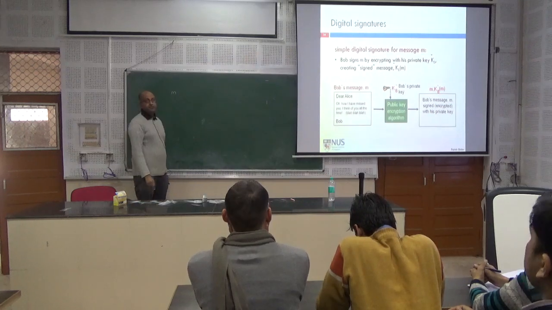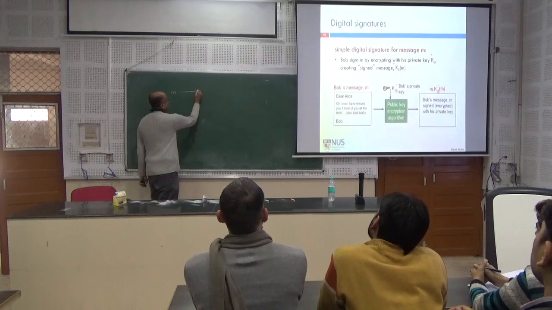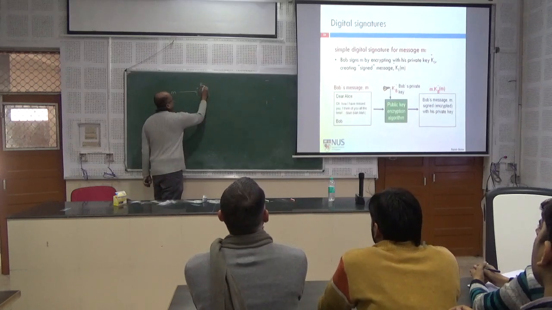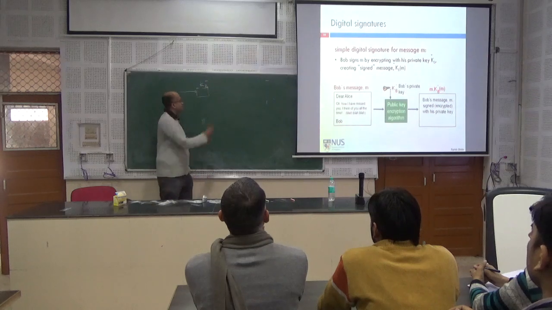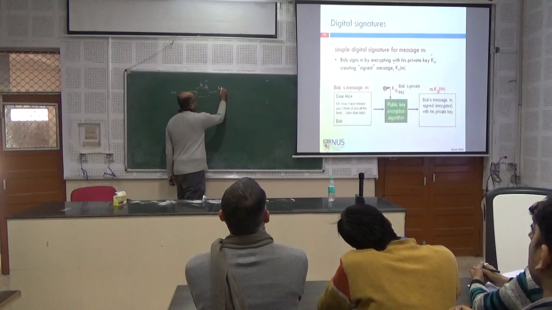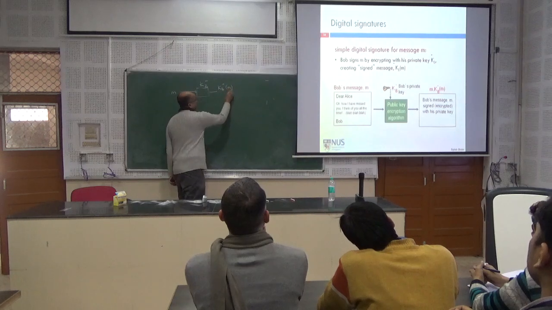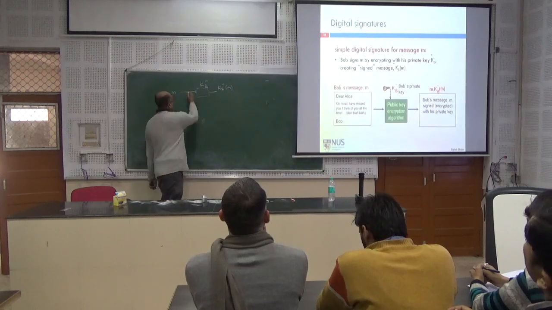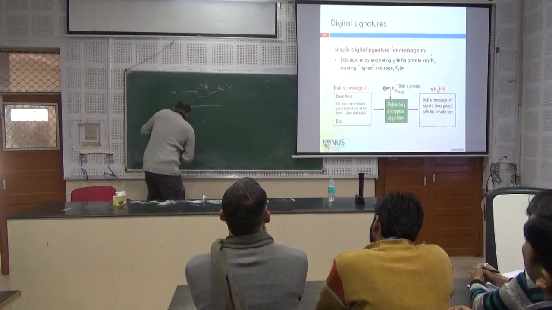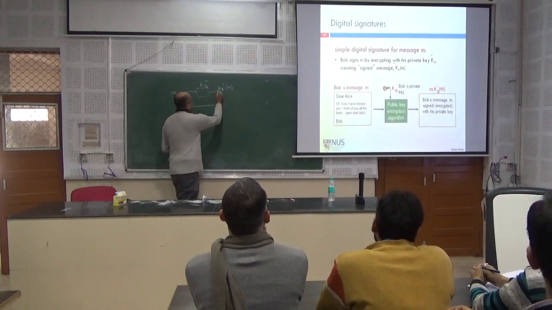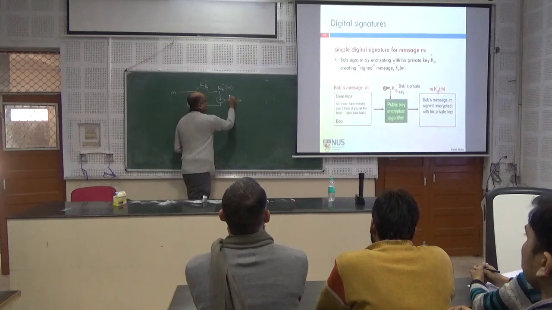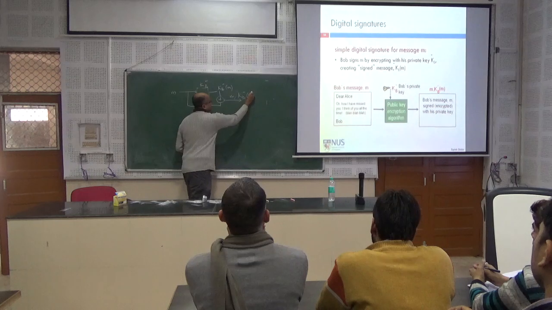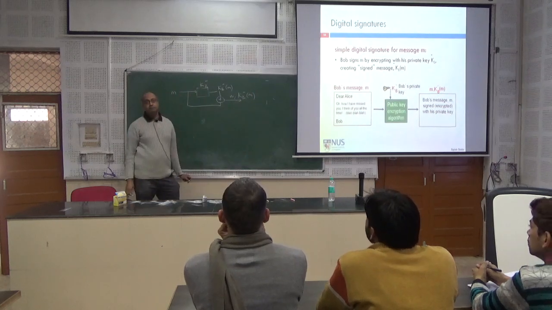We have taken the message, we apply the private key. What do we get? The encrypted message. And we take this and we send it out. This is what we are sending.